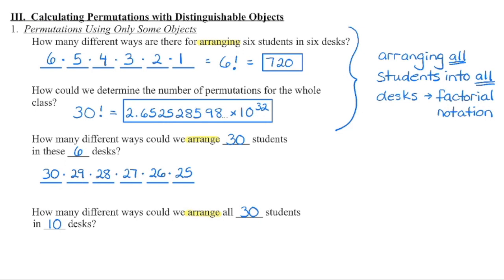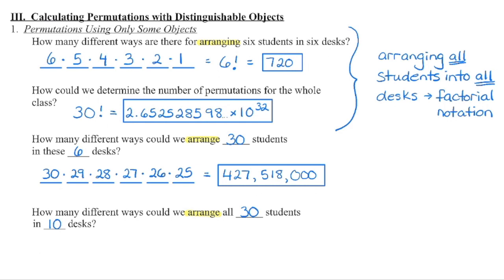So now I can't just go 30 factorial because 30 factorial implies that I'm going down to that 3, 2, 1, and you can see that we are stopping at 25. So you are going to have to get your calculator, and this time we're going to go 30 times 29 times 28 times 27 times 26 times 25, and we're going to get a value of 427,518,000 different possibilities. So that's the number of ways that we can arrange 30 students into 6 positions.